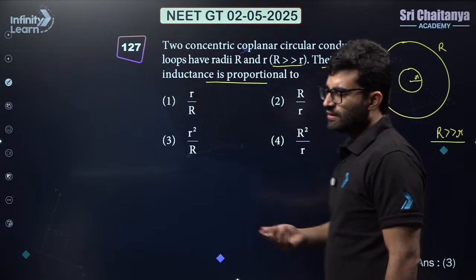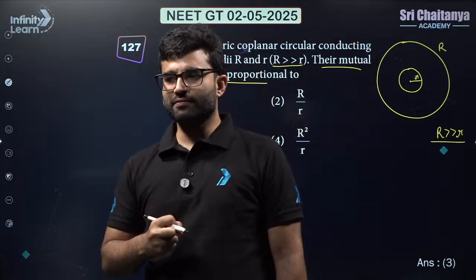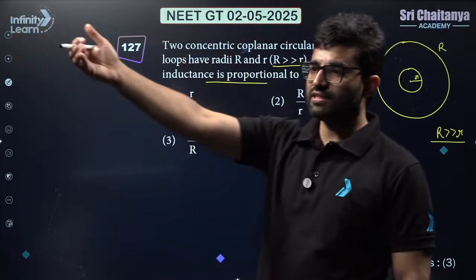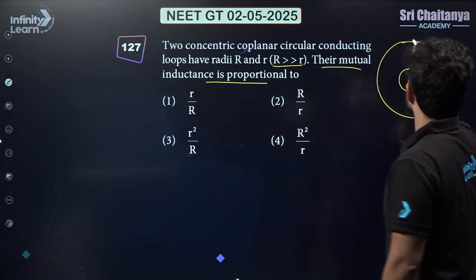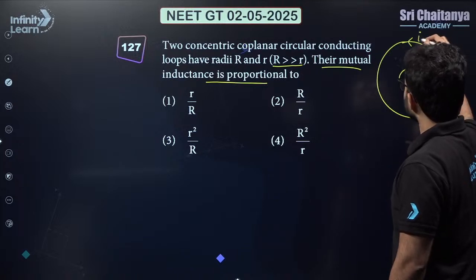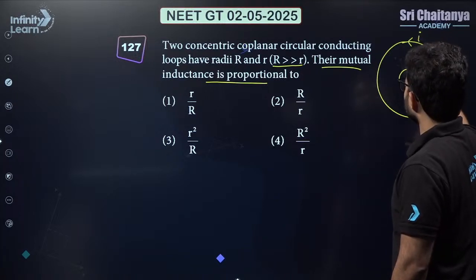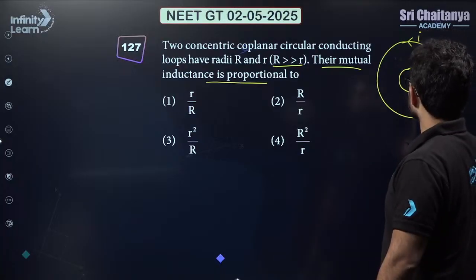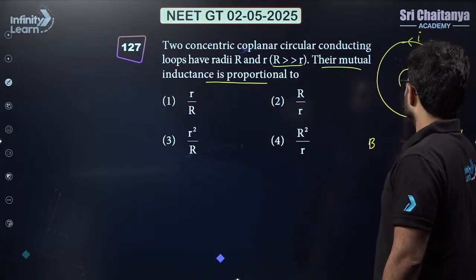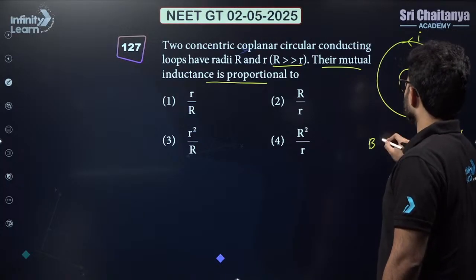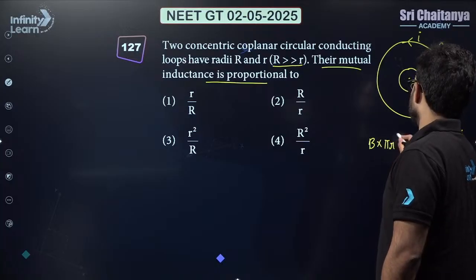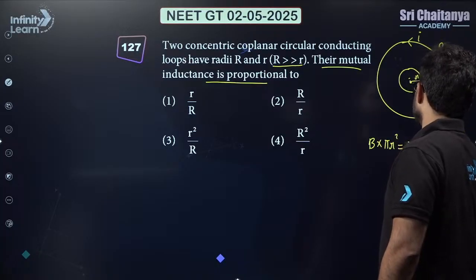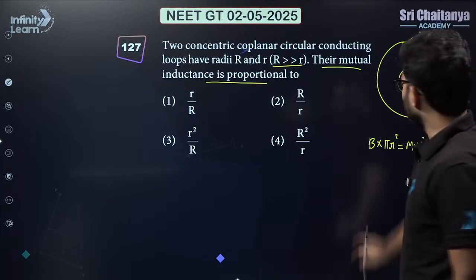So what is mutual inductance? It is basically the flux change that happens due to the change of current in the other coil. Let's say the current here is I, and because of this change in I, how much is the flux changing in this coil, that we have to calculate. So flux would be B, the magnetic field here, into the area, which is pi r square, equal to mutual inductance into the current I. And what is B here?